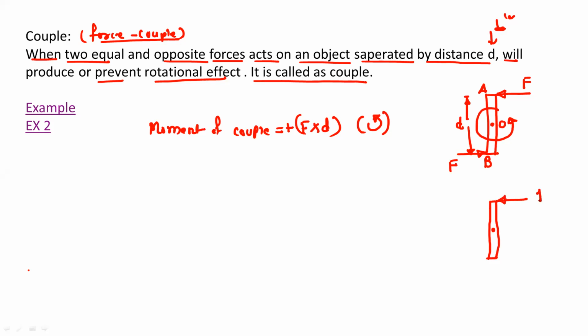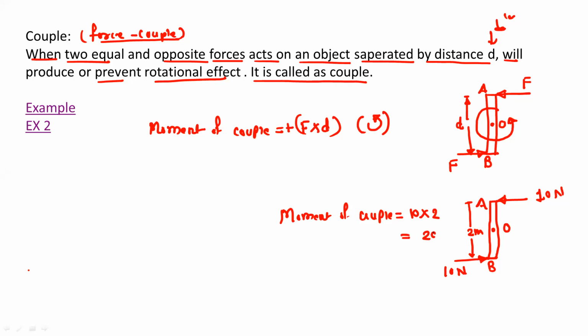Suppose we have a force of 10 Newton and a second opposite force of 10 Newton, and object AB is pivoted at the point O, and the perpendicular distance between the two forces is 2 meters. So the moment of the couple is equal to force F, that is 10, into perpendicular distance 2 meter.